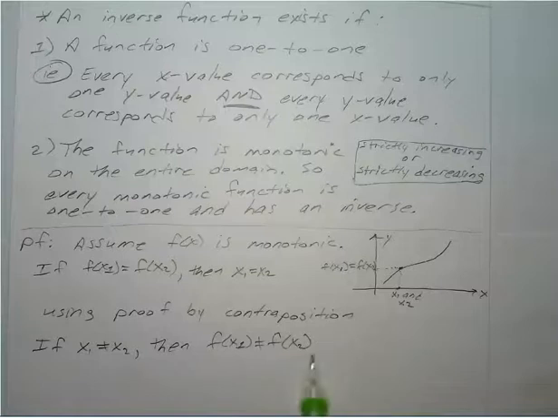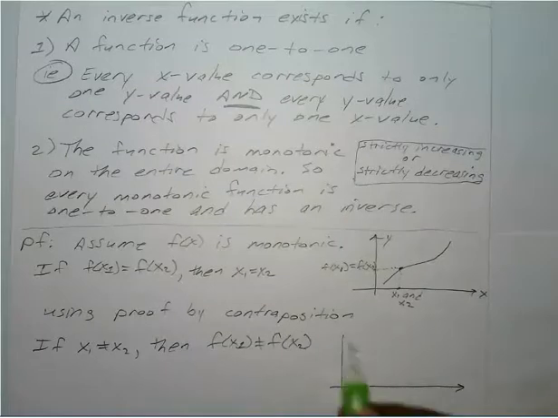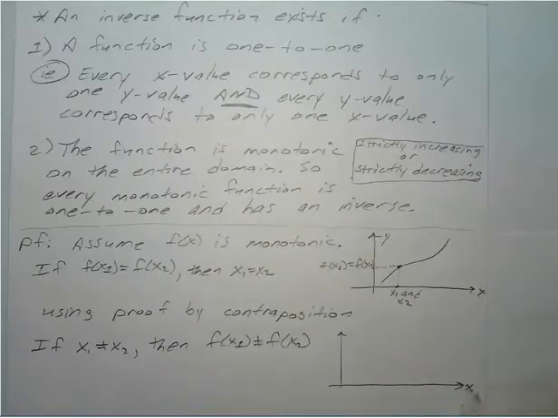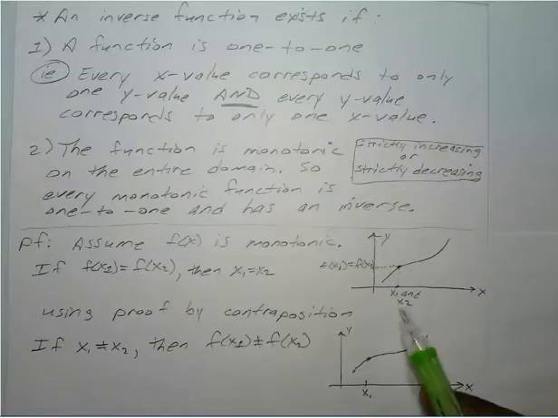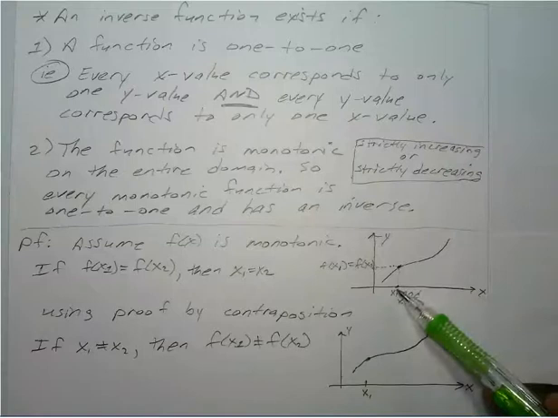Now if we're looking at this proof by contraposition, we can see by drawing a little graph to help you visualize it. So you have your x and you have your y. Let's say this is the same function here. If x1 doesn't equal x2, this is your x1, and here they were both equal, same spot.